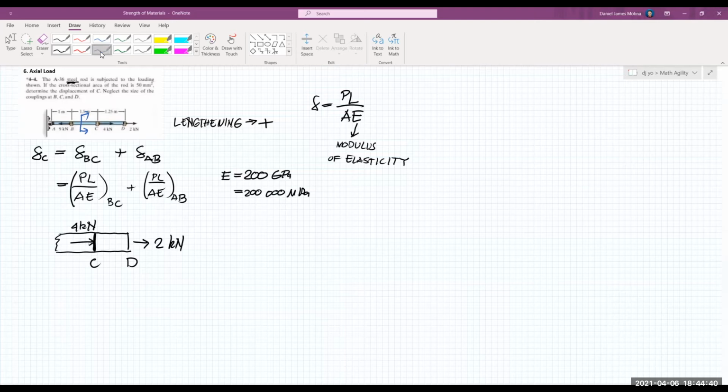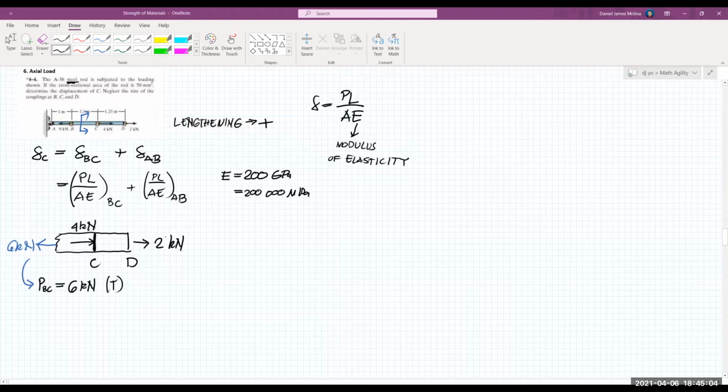So to counteract the two given forces, we must have a force of 6 kilonewtons to the left, which is actually the force on BC. That is 6 kilonewtons. Since it's going away from the member, that's tension.